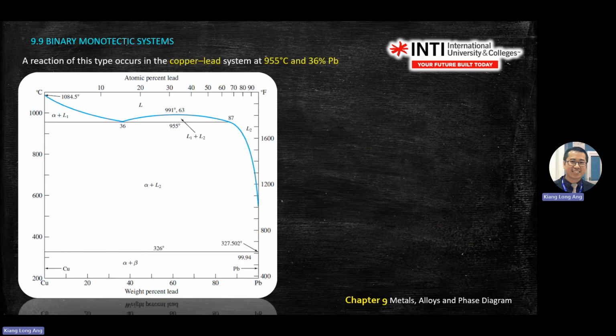It happens at 955 degrees C at 36% Pb. So where 36 is, it is here. So this dot here, this line is called monotectic. So when you drop temperature from this line, liquid 1 changes into alpha plus liquid 2.